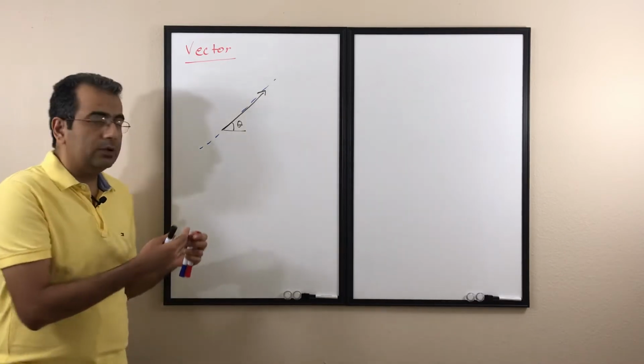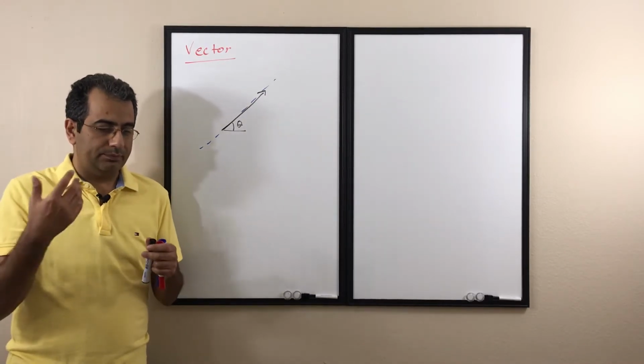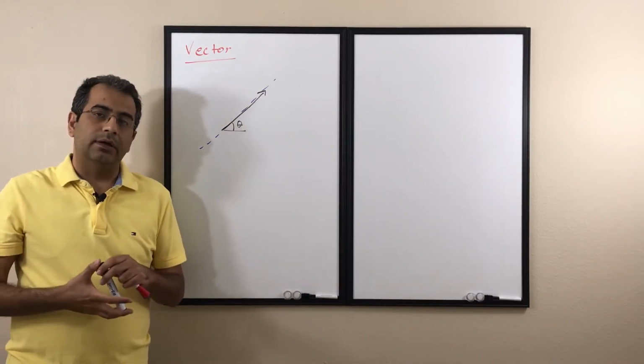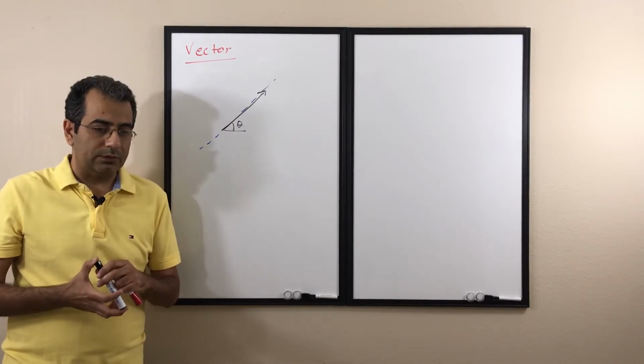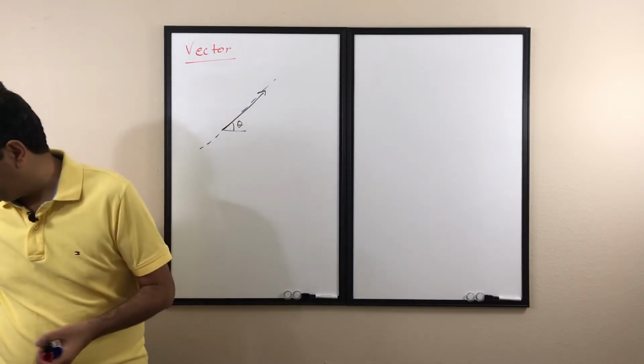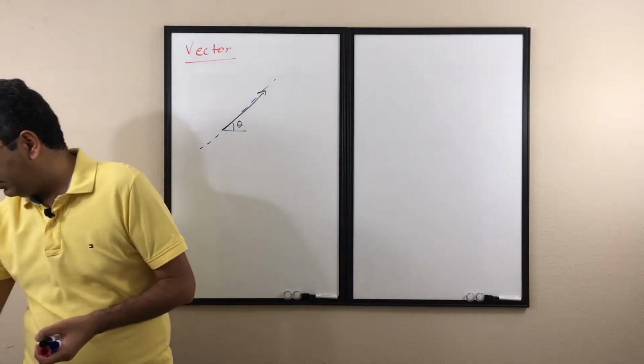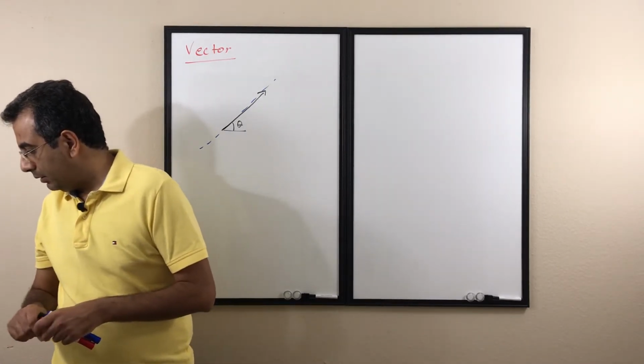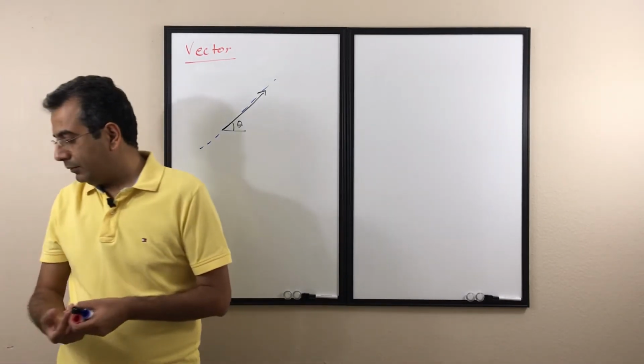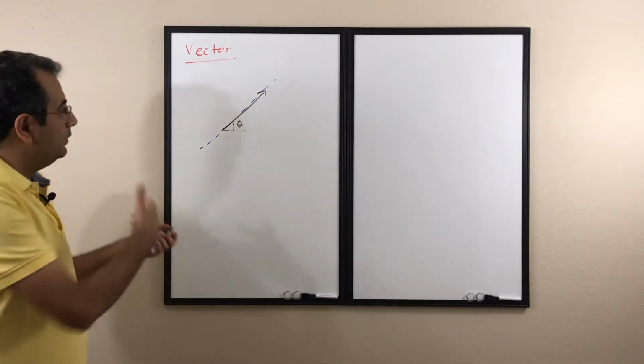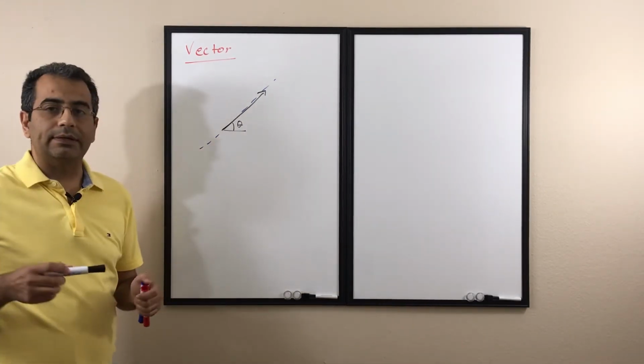So here I very quickly go over the very basic properties of the vector and how we are working with the vector, and then we can move on to other topics. One of the very first things is what happens when we multiply a vector by a scalar.